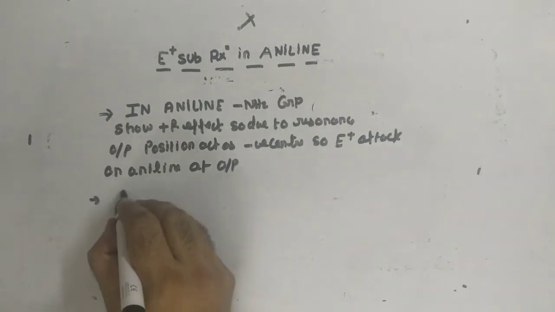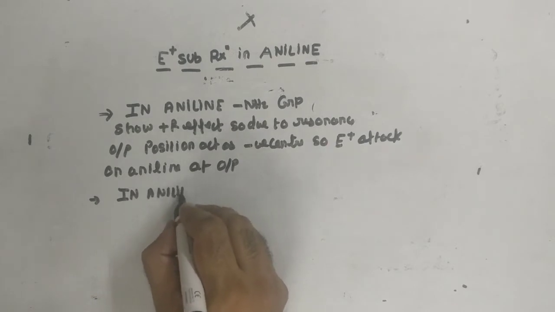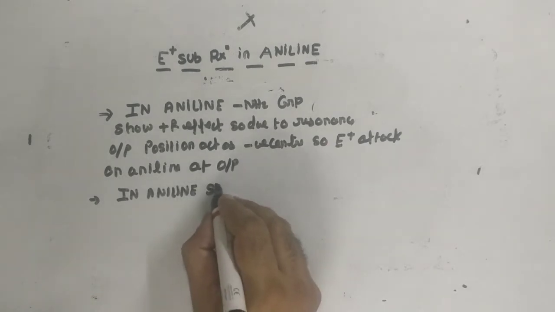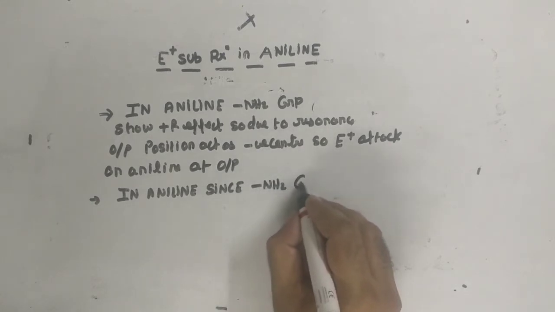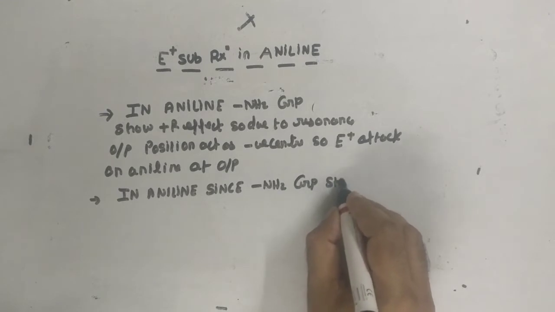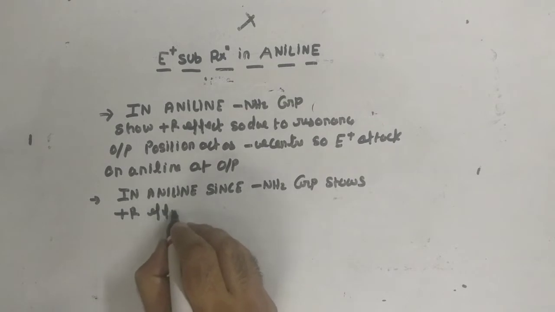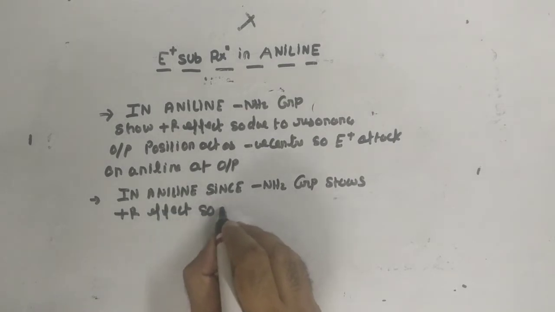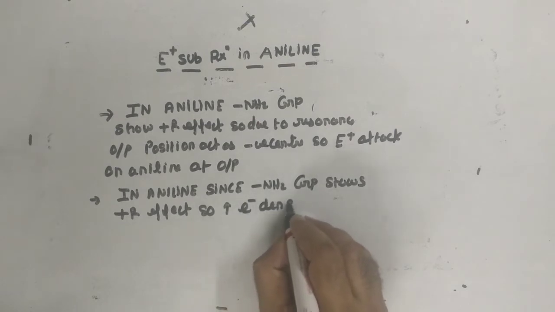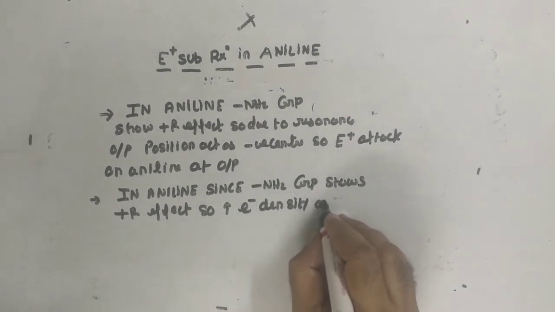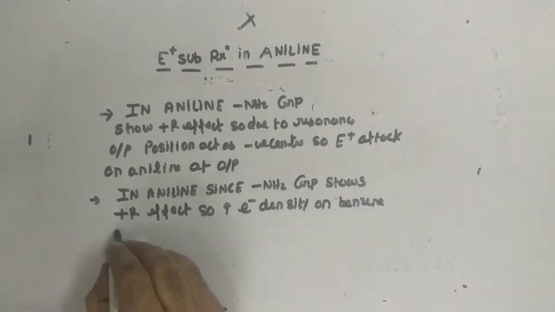Second point, in aniline, since the NH2 group shows plus R effect, it increases the electron density on the benzene ring, something negative increases on the benzene ring.